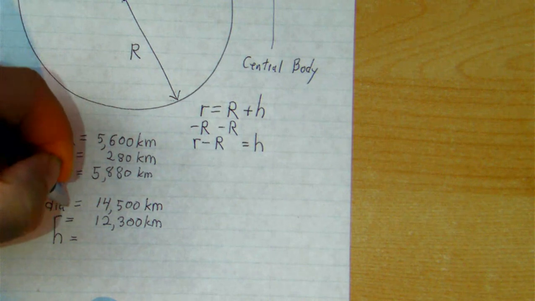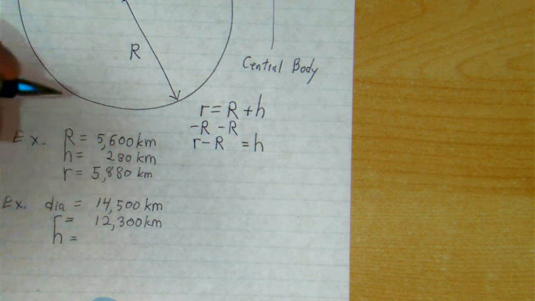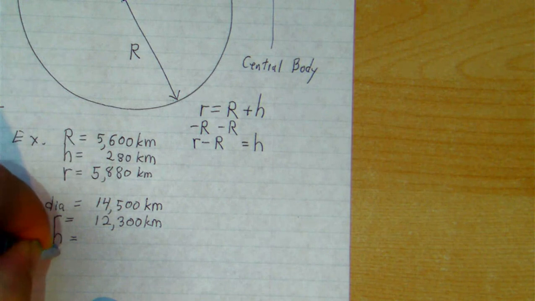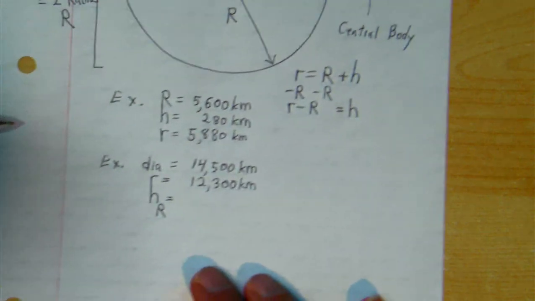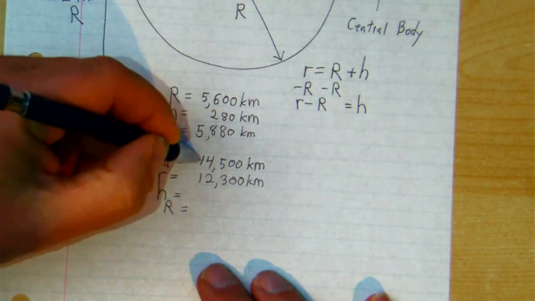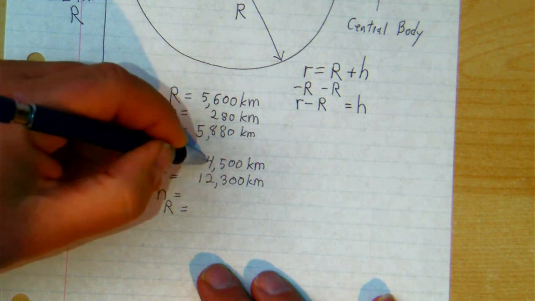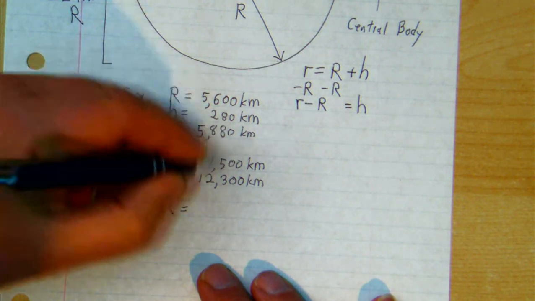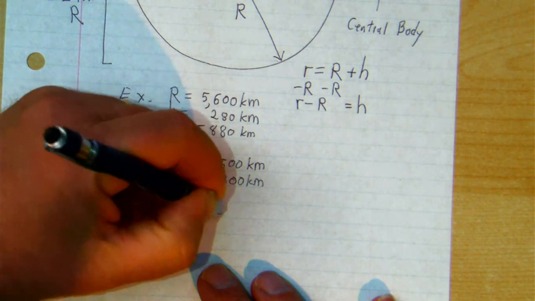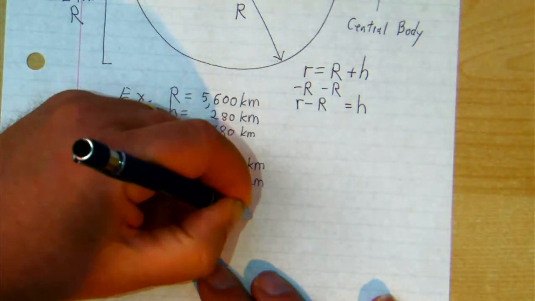So if the diameter is 14,500 kilometers, then the radius, capital R, of this planetary body is going to be half of that. Half of 14,500 is 7,250 kilometers.